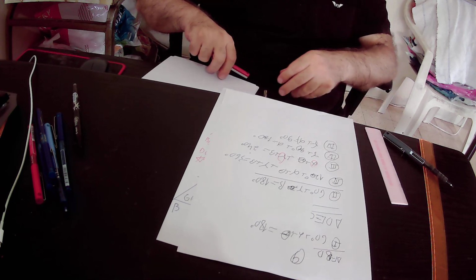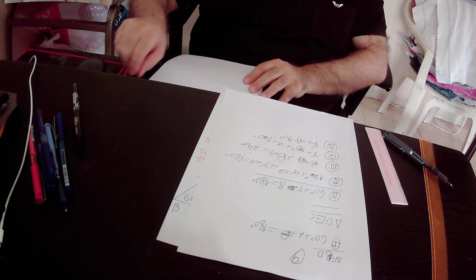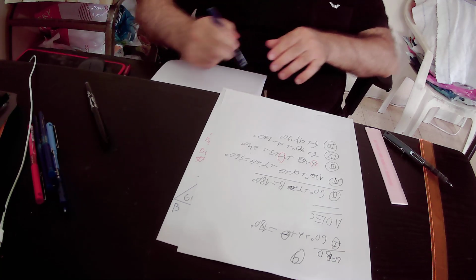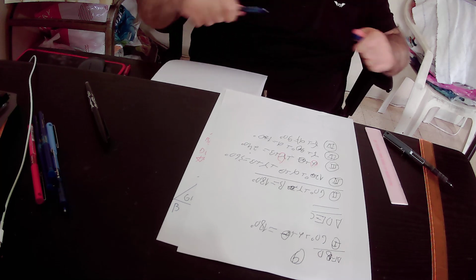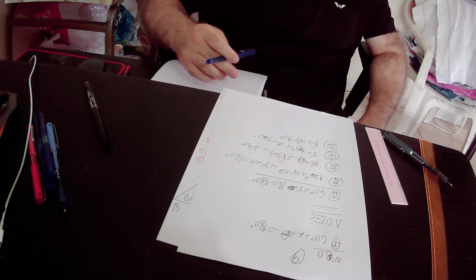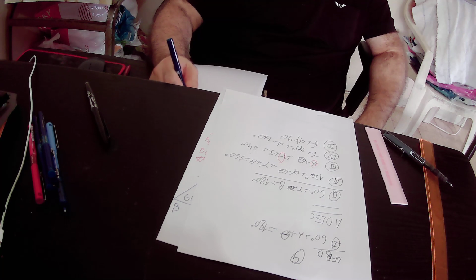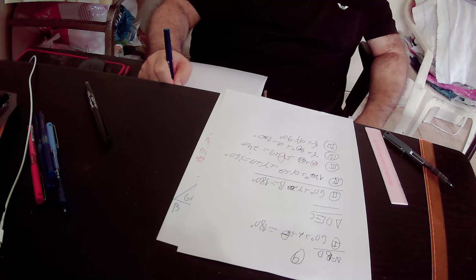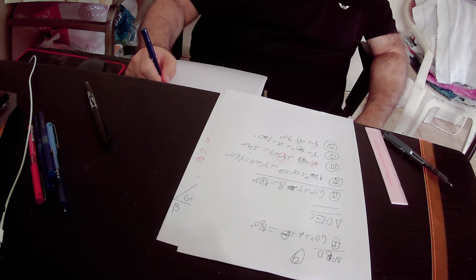We will get that 90 degrees plus theta plus beta equals 240 degrees.